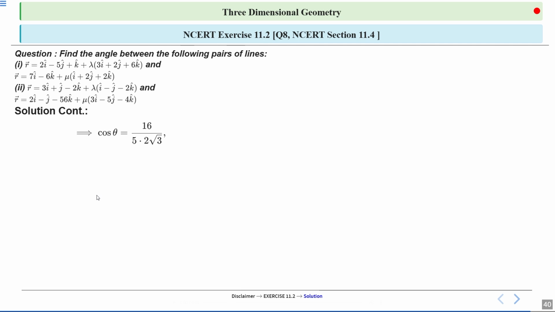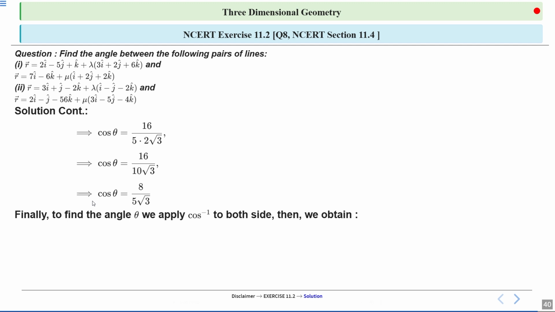So we get cos theta equals 16 divided by 5 times 2 times square root of 3. Simplify the denominator, then we obtain cos theta equals 16 divided by 10 times root 3. It implies cos theta equals 8 divided by 5 times root 3.